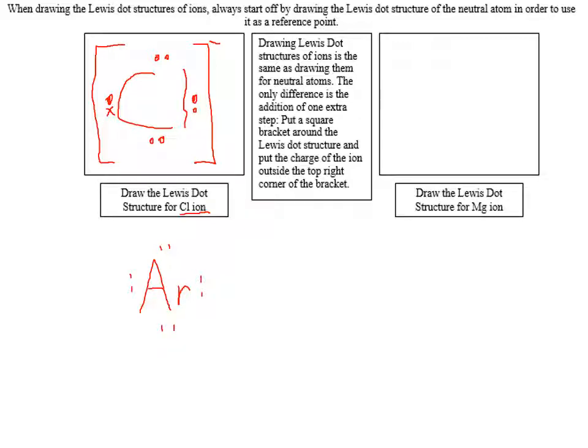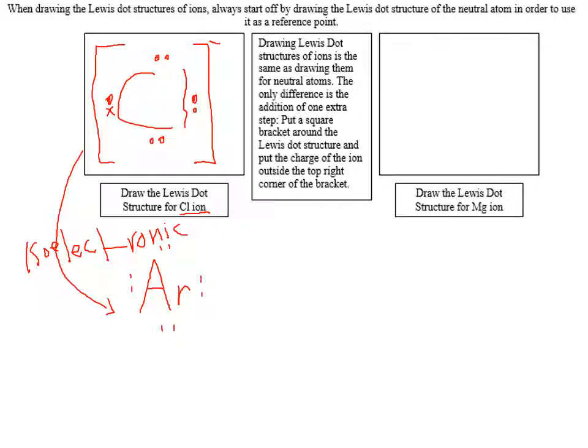And even the inner electrons of argon and chlorine would be the same amount. So chlorine, we would say, is isoelectronic to argon. From the previous presentation, we learned the term isoelectronic, meaning they have the same electronic configuration.